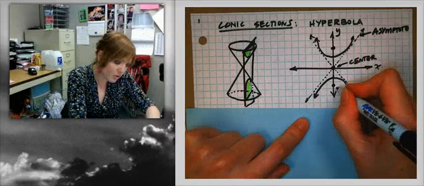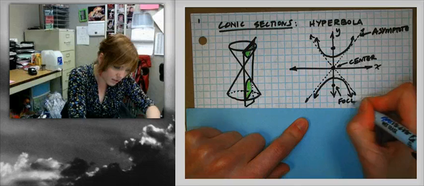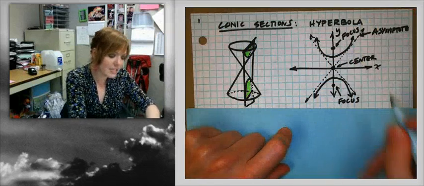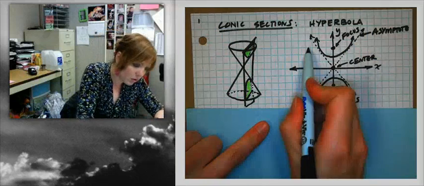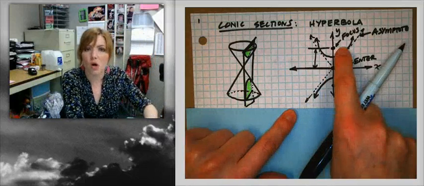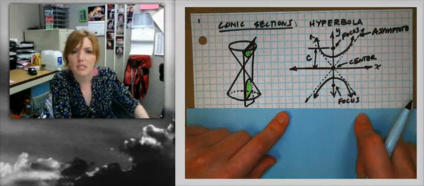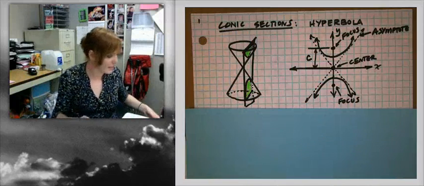Okay? So this one is a focus, and this one is also a focus. And so the distance from, let me go ahead and draw one more thing in here. This distance from the center to the focus is called C again, just like it was with ellipses. Okay, so that's the basics.